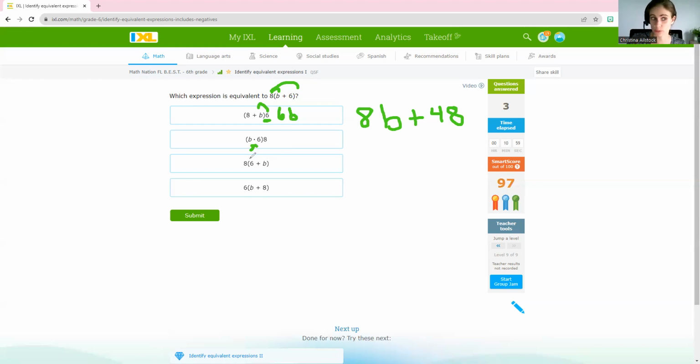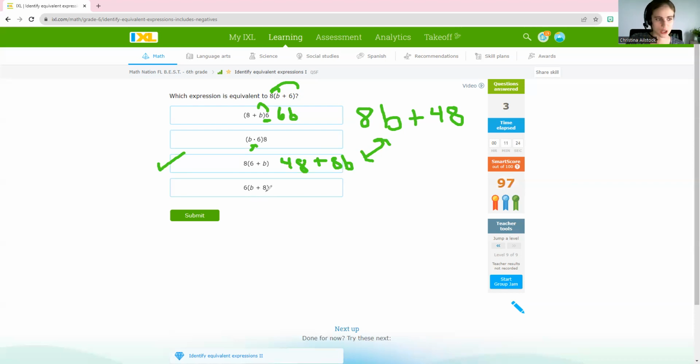So if we were to distribute, just to double check our work, 8 times 6 would be 48. 8 times b would be 8b. Yeah, that's the exact same thing, just written flipped, but the 48 is positive on both sides. We have an 8b that's positive in both places. I believe this is our answer, but just to be sure, let's check that last one out.